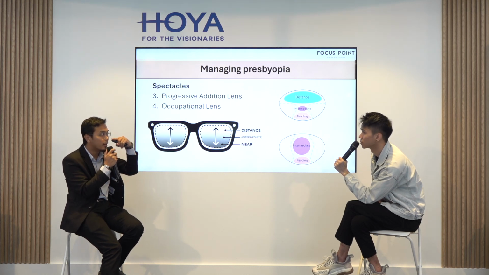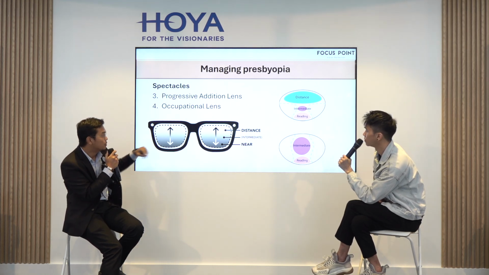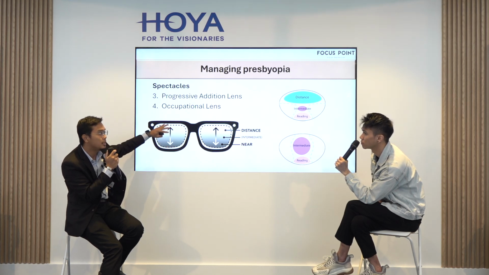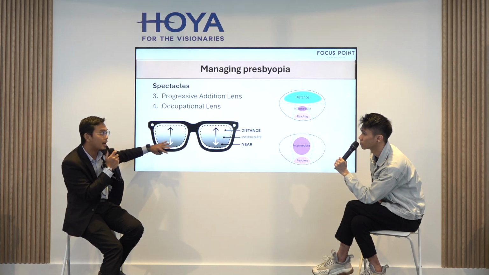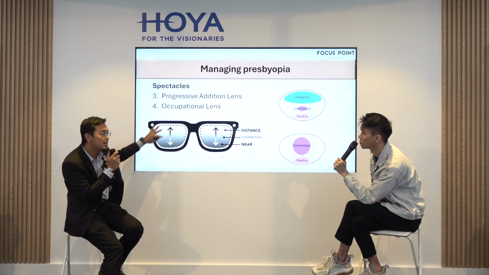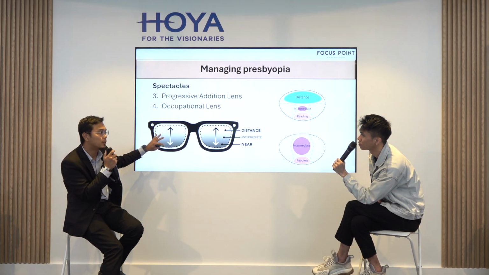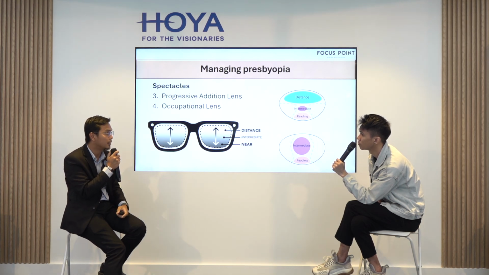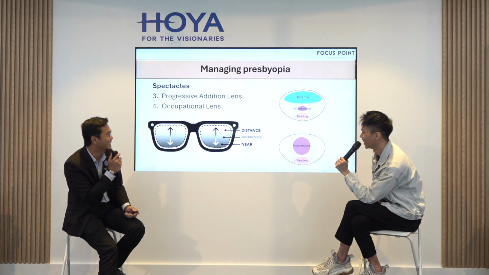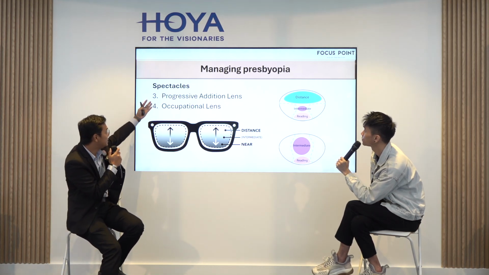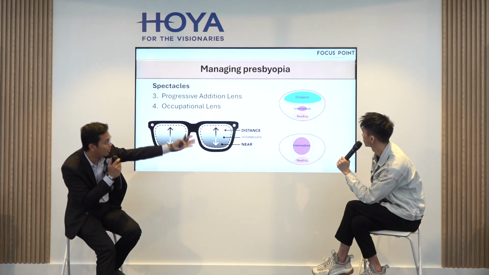When you read, you look at the bottom part. The power progresses very smoothly, so the lens doesn't have any line. It's commonly seen nowadays. People over 40 who have difficulty reading will wear this because people will not know your age.